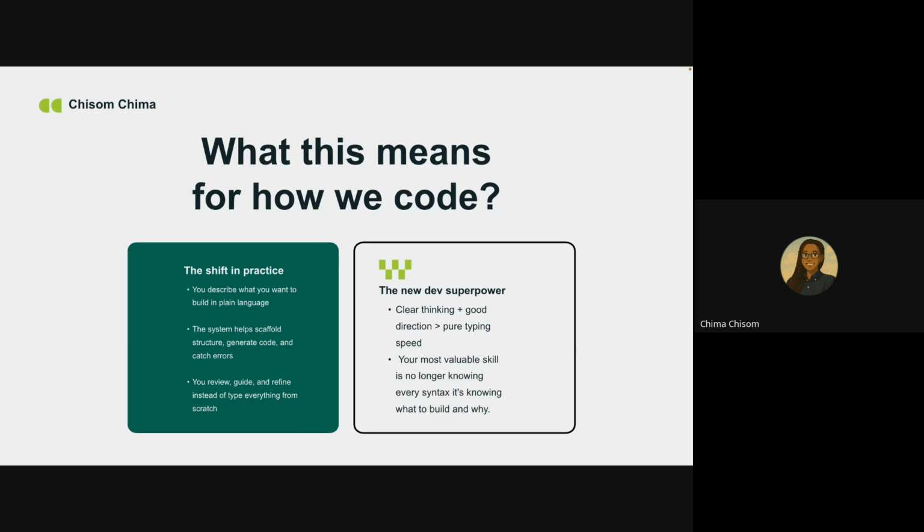So we are now orchestrators, we are now architects, and we are able to guide the agents to do exactly what we want them to do. Now, your most valuable skill is no longer knowing every syntax. It is knowing what to build and why. And I think that sums it up.